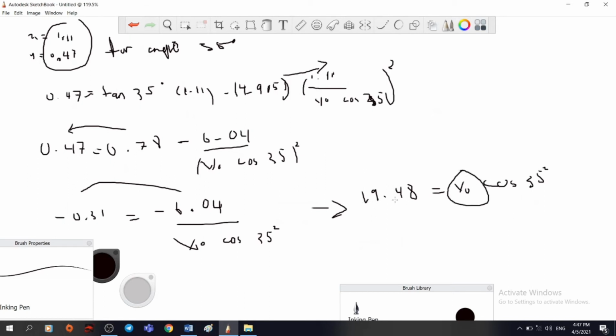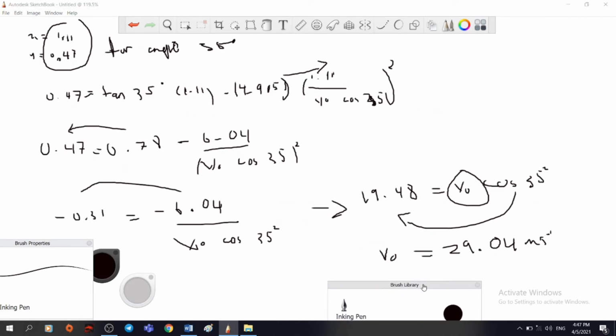So 19.48 divided by cos 35 squared, and the initial velocity will be 29.04 meters per second. So this is the initial velocity for angle 35.